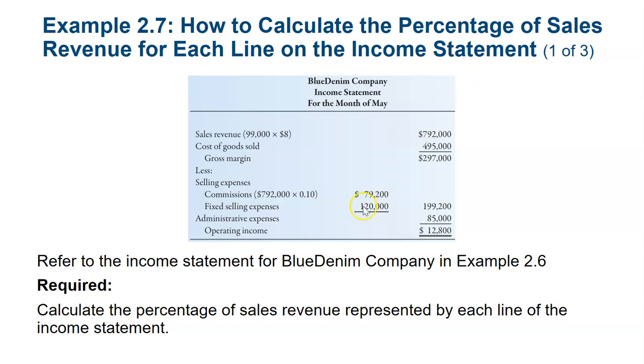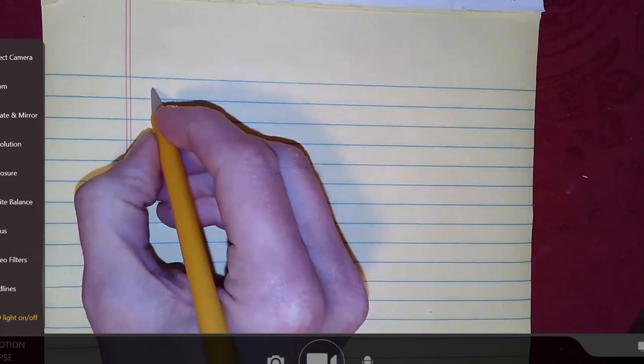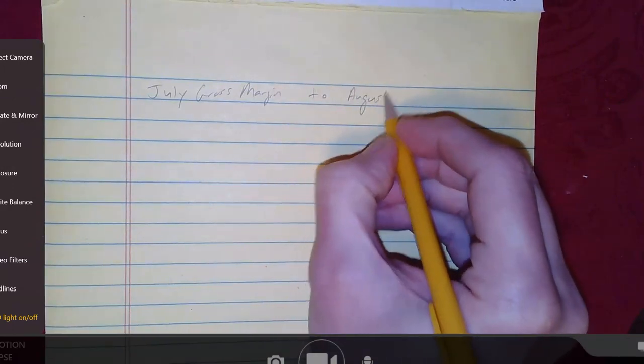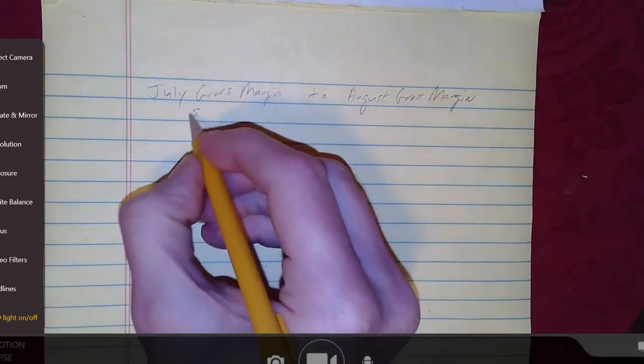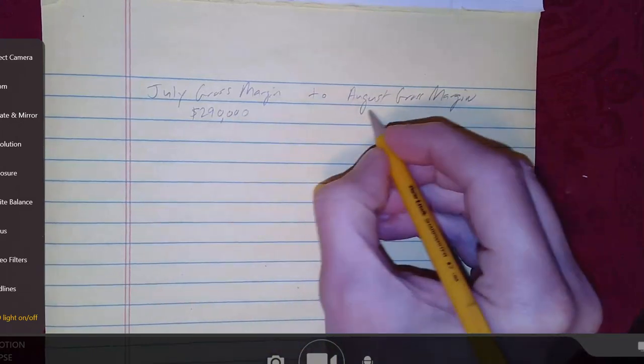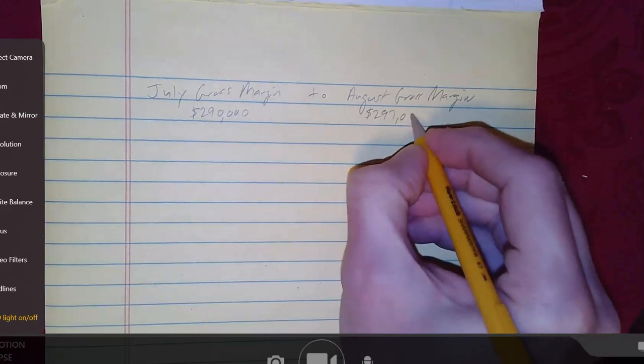when I said if we compare July gross margin to August gross margin, let's say I gave you the example of $290,000 for July and $297,000 for August.